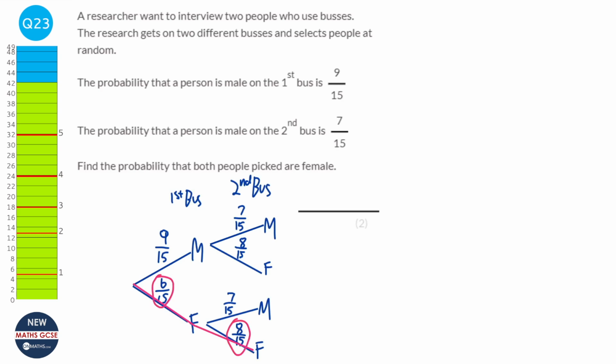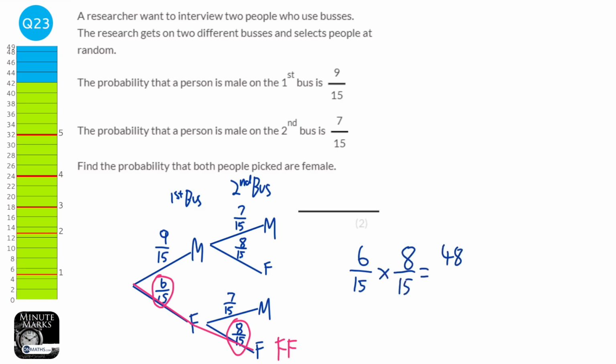The word and in probability means times. So whenever you're finding the probability of getting to an outcome, so this outcome would be FF, because they're both female, you are multiplying the fractions that you go across. So it would be 6 over 15 times 8 over 15. So 6 times 8 is 48, and times the bottoms, 15 times 15 is 225.